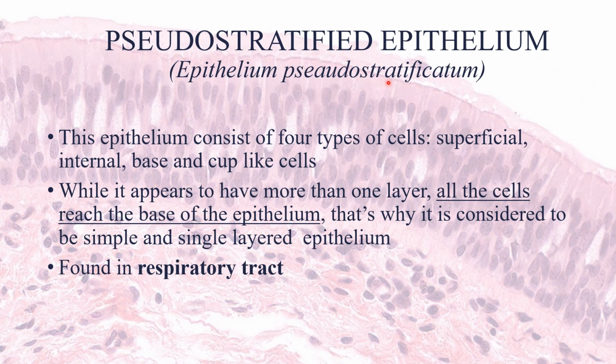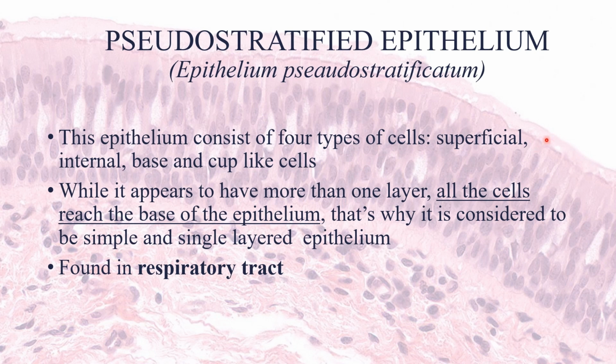And last but certainly not the least, we have the pseudostratified epithelium. So this is a very confusing one, I'm not gonna lie, because not only does this epithelium consist of 4 different types of cells, so superficial, internal, base, and cup-like cells, but it looks like it's made of many layers.